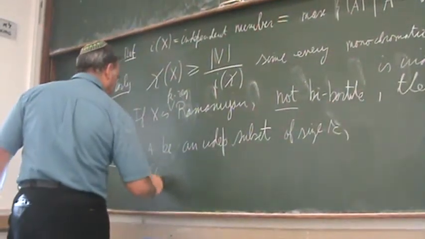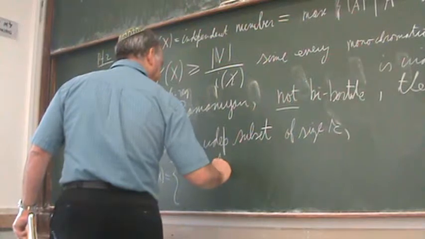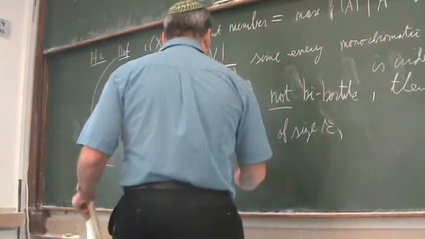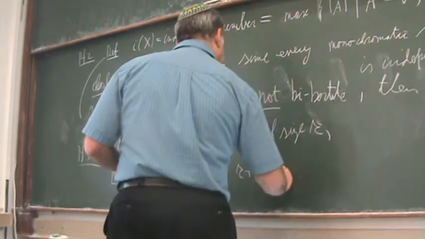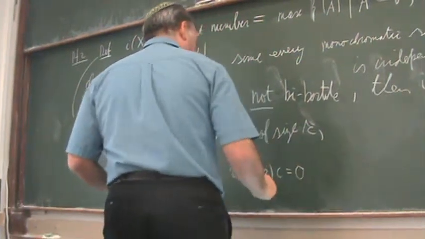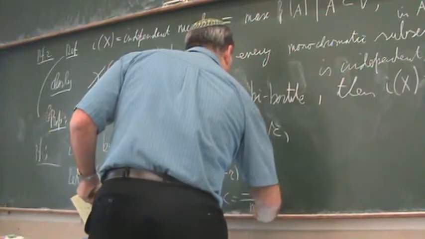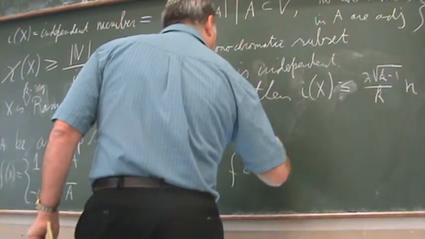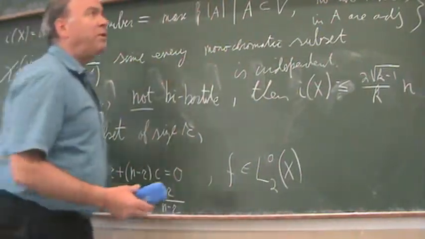Let f of x be equal to 1 on A and minus c on A complement, such that r plus n minus r times minus c equals 0, namely c equals r divided by n minus r, and we choose c like that. This means that f is in L2 zero of X. F is a function which sums up to 0.